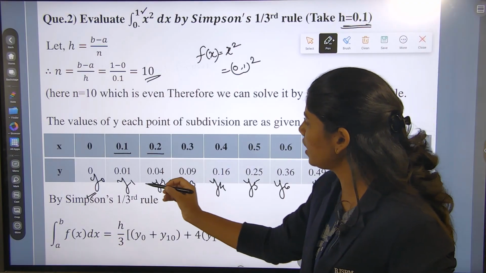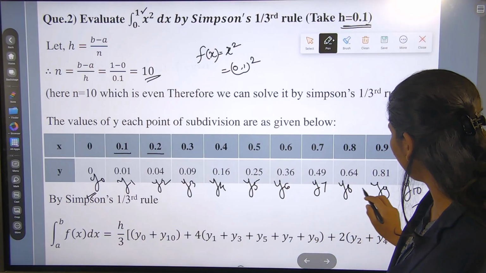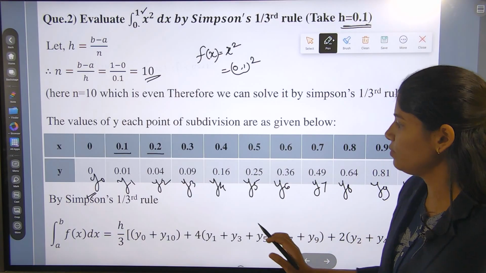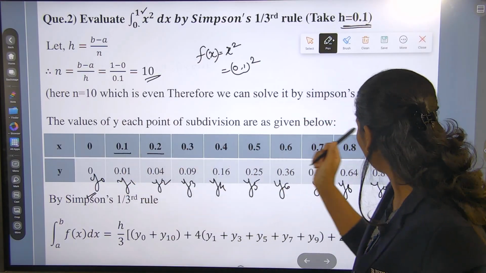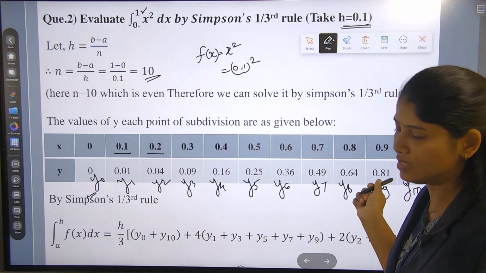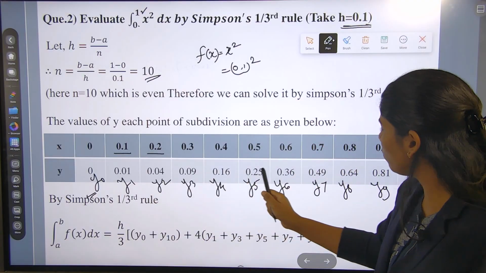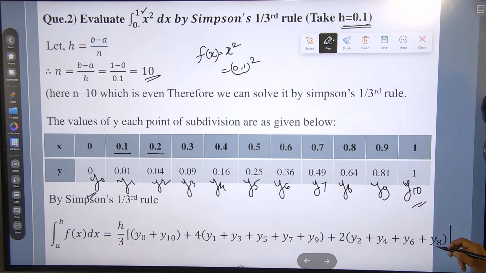So the odd terms are y1, y3, y5, y7, y9. Take their sum. Plus 2 times the even terms, but do not take here y0 and yn, the last term. So we get 2 times y2, y4, y6 and y8. Okay, so this is your formula.